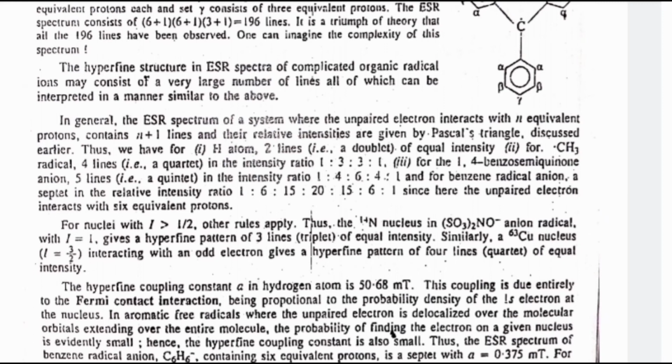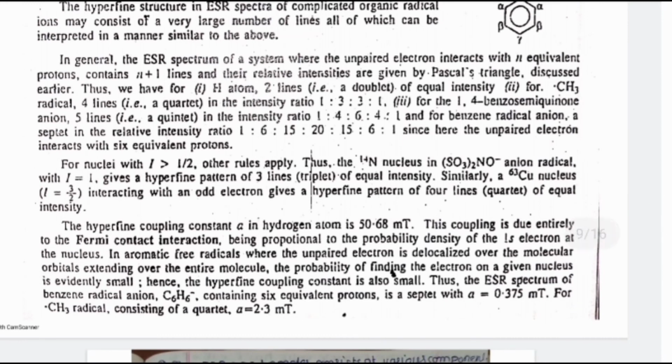For benzosemiquinone we get 5 lines in the ratio of 1 is to 4 is to 6 is to 4 is to 1. And for benzene radical we get the septet, or 7 lines, having the intensity ratio 1 is to 6 is to 15 is to 20 is to 15 is to 6 is to 1. And for nuclei having nuclear spin value I greater than 1 by 2, another rule needs to be applied.